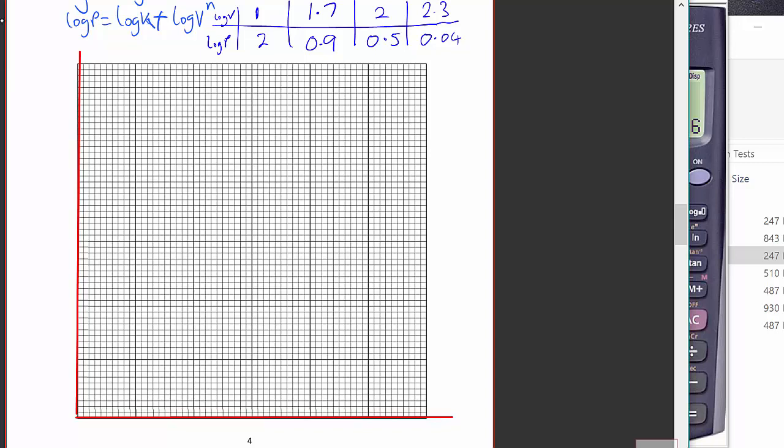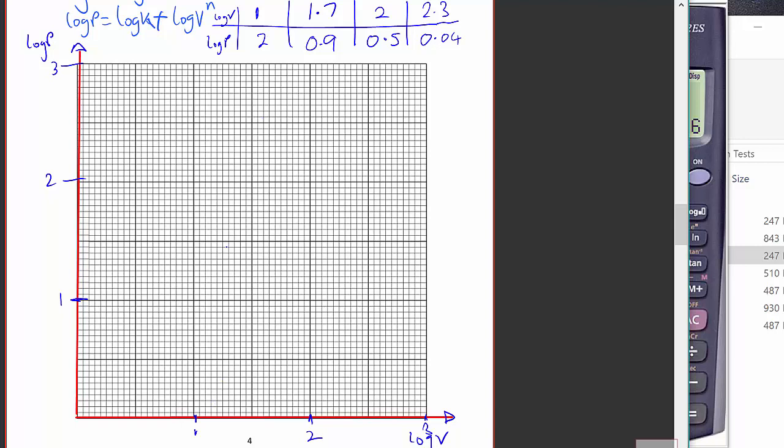So this one out here is log v, and up here we have log p. And let's make this 1, 2, and 3, and all those values will then fit along there. And we need to go up to 2 here. Let's just go 1, 2, 3.